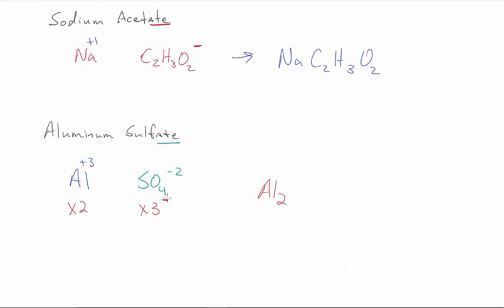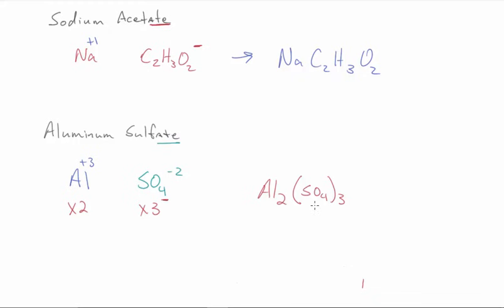Sulfate is SO4. I cannot change that, but I need 3 of them. And so what I will do is put the polyatomic that I need more than one of in parentheses and put my subscript outside the parentheses. And what that tells me is I have 3 sulfates here.